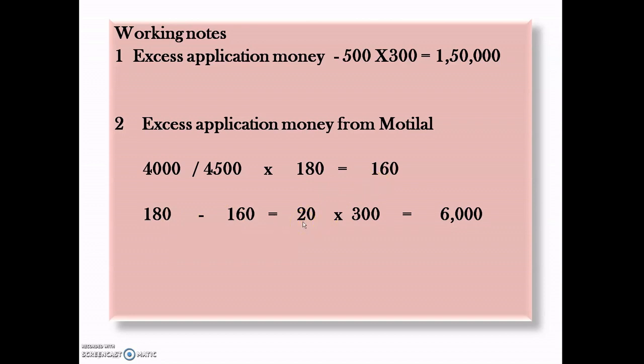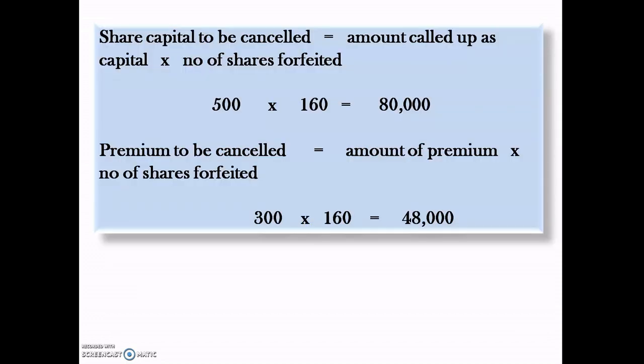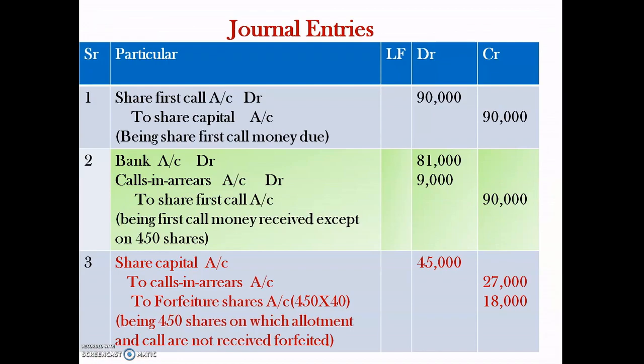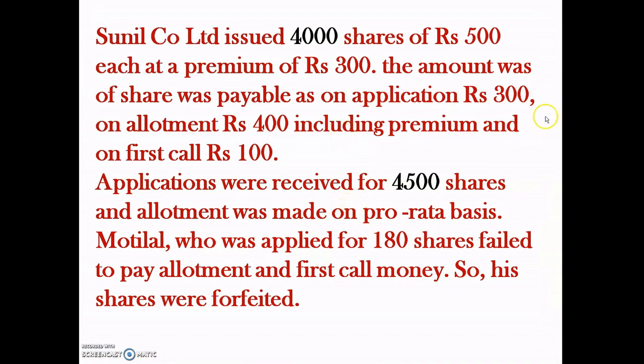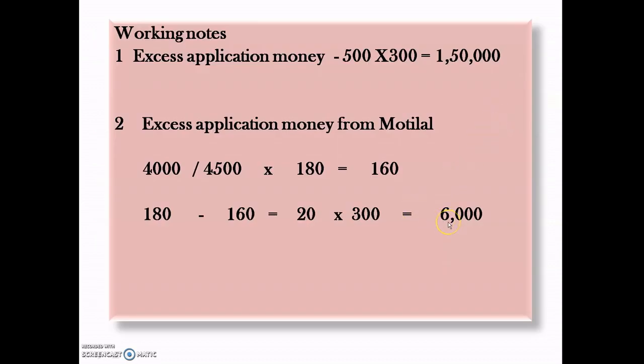Means 20 are excess applications. Multiply with 300, the application money per share. It will come 6,000. Means the excess application money from Motilal is 6,000. Like this we have to calculate excess application money.